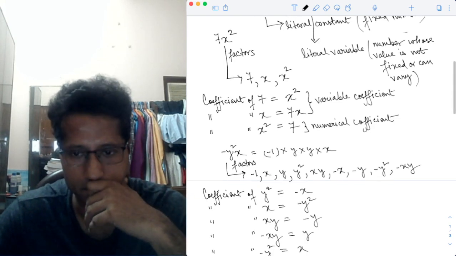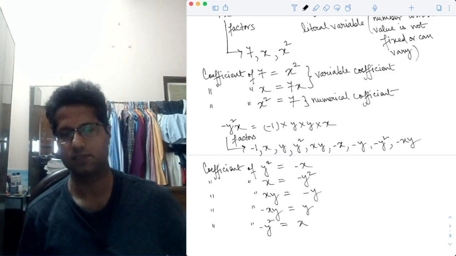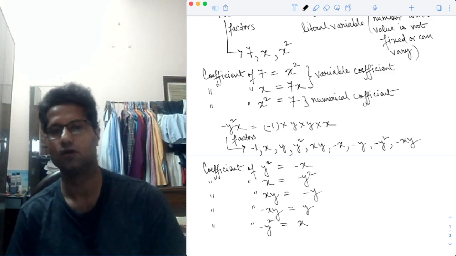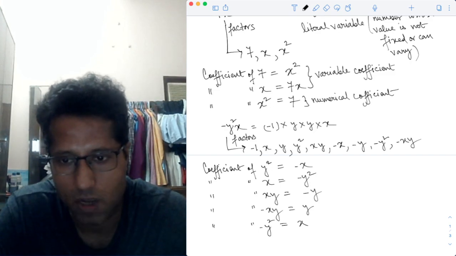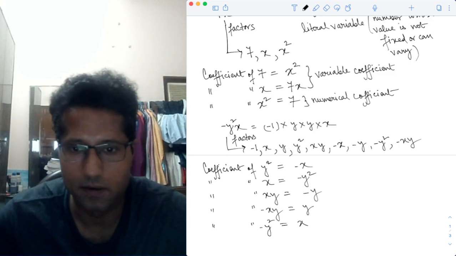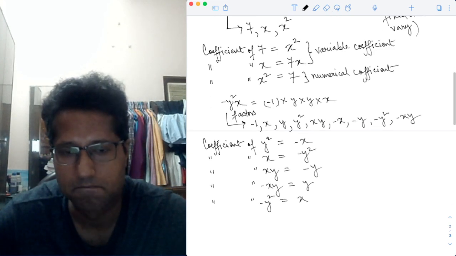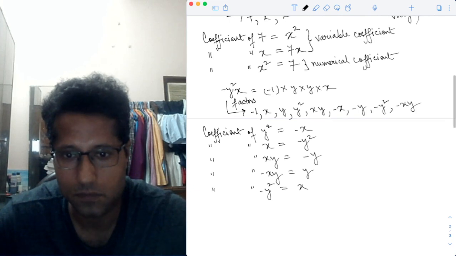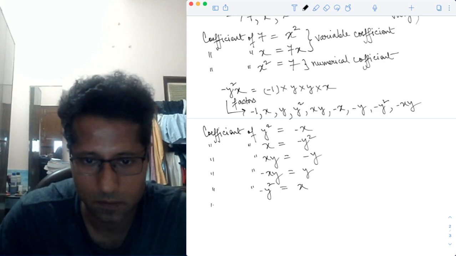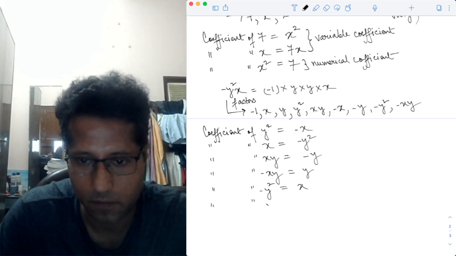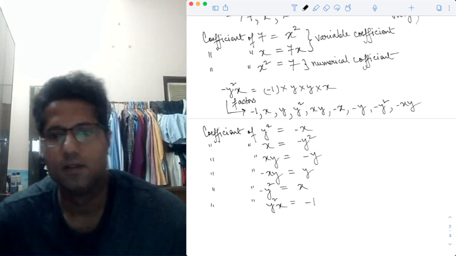So in the term minus y square x, the numerical coefficient is minus 1. So we can write coefficient of y square x equals minus 1.